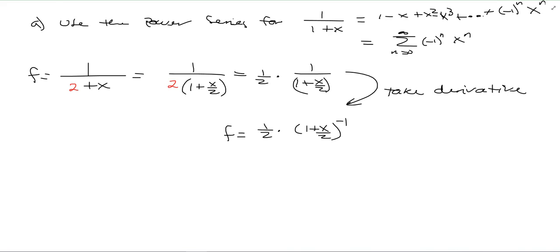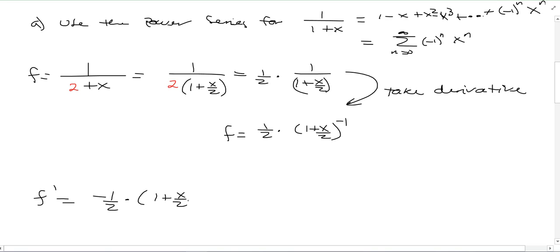Therefore, our f prime is what? So let's take the derivative here. So it'll be negative 1/2, this 1/2. Bring the negative 1 down times the inside left alone. Subtract 1 from the exponent to the minus 2. But by chain rule, times the derivative of the inside. The derivative of the inside is 1/2 again.